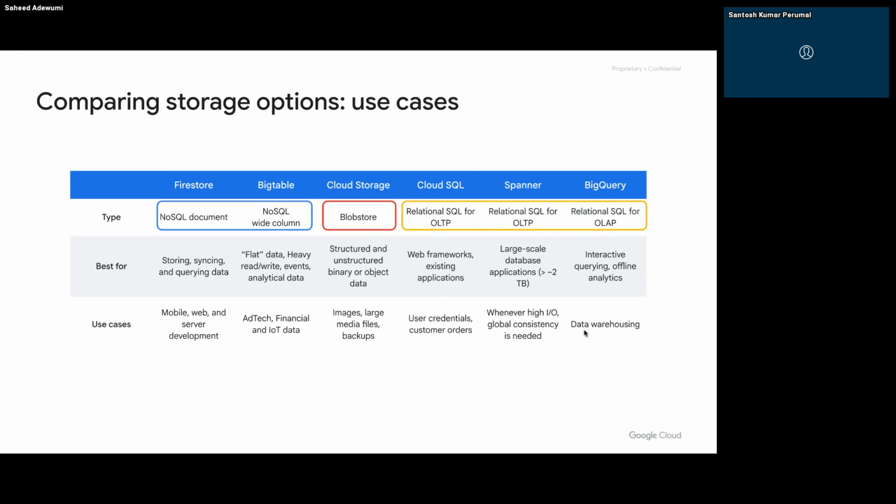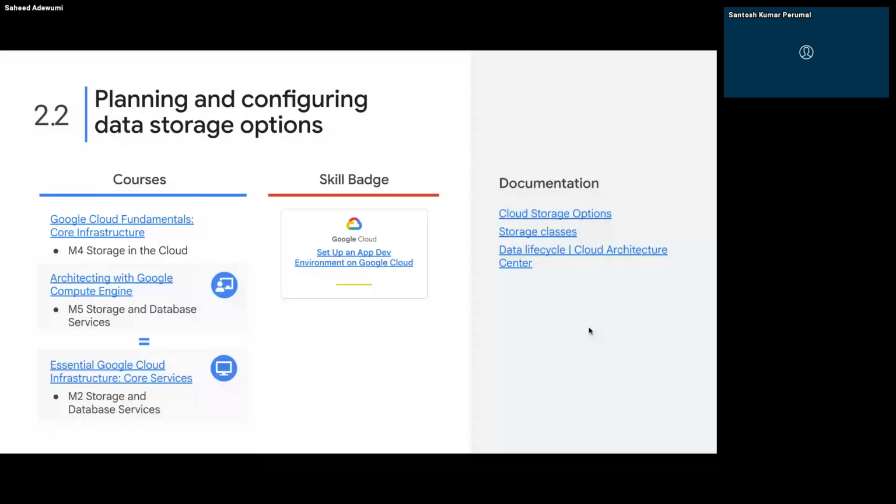BigQuery is used for analysis of data, basically as our data warehouse. And here we have different resources you can use for planning and configuring your data, and here we have a setup. I think we can practice this at our own leisure time.